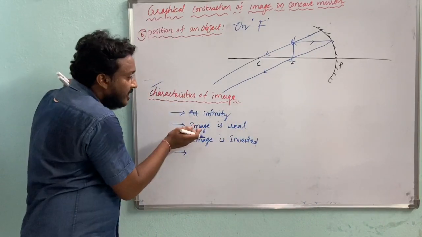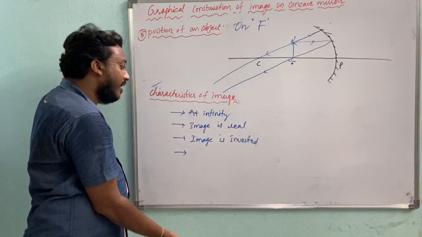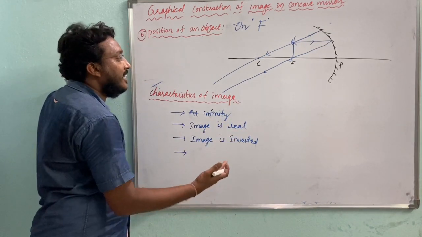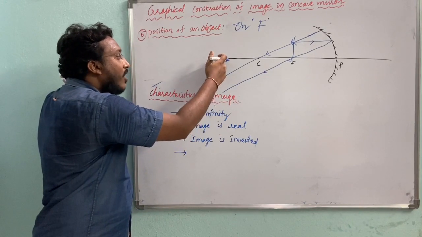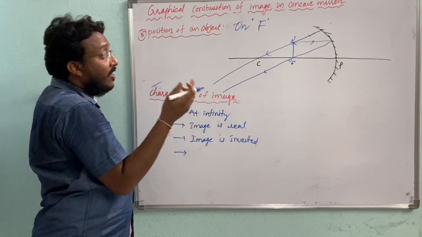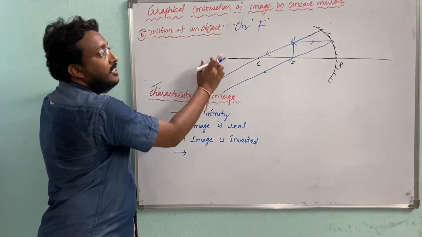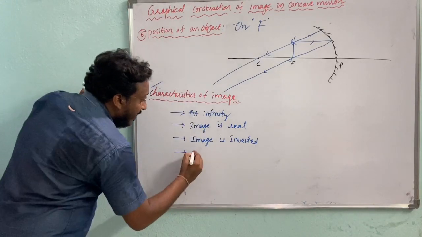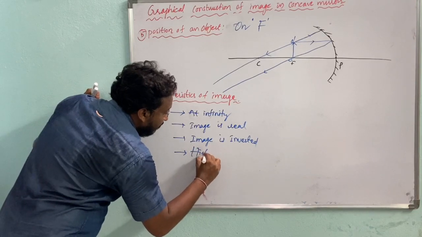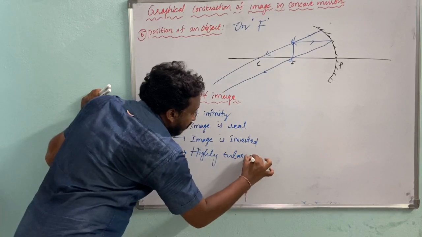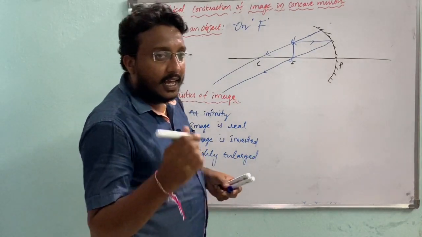So in such a case, the image is real and the image is inverted. Real images are inverted. What is the size? Since it forms at infinity, we draw the normal to the principal axis from that point of intersection, and we get a highly enlarged image. Highly enlarged. Get it?